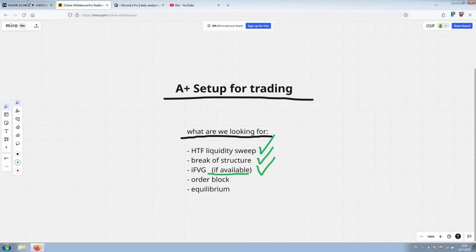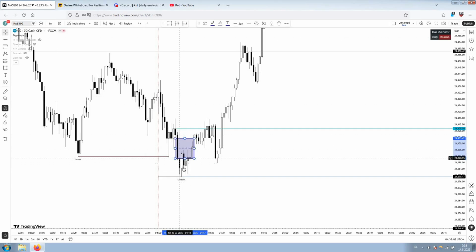That means the buying power was so good that we changed the fair value gap from bearish to bullish. In fair value gaps there are usually a lot of selling orders in our case, so if the buyers managed to flip those orders into bullish ones, then we have a lot of buying power.